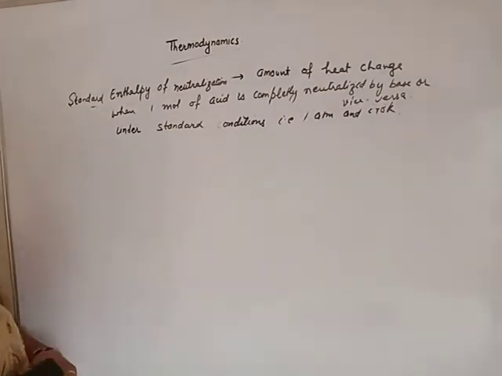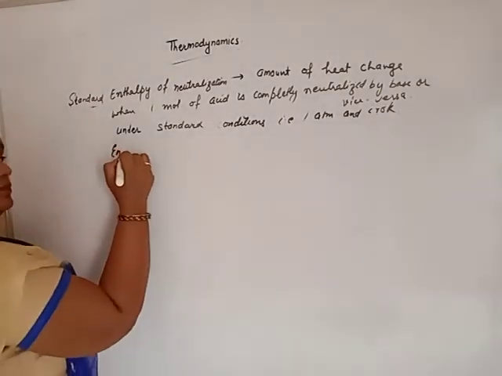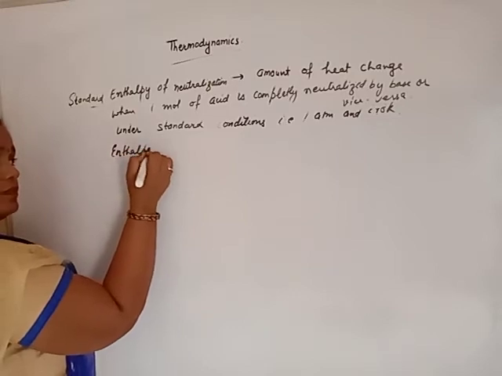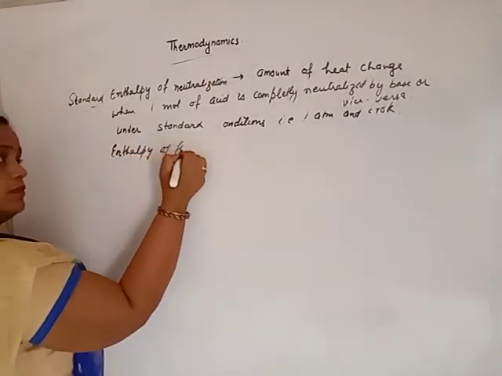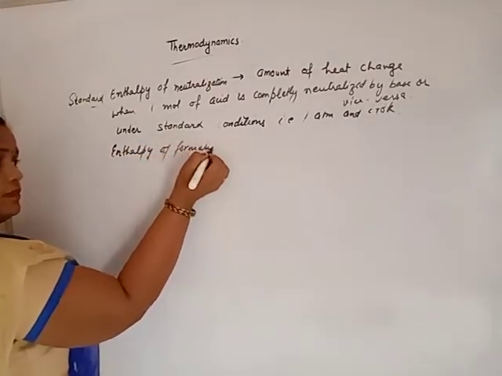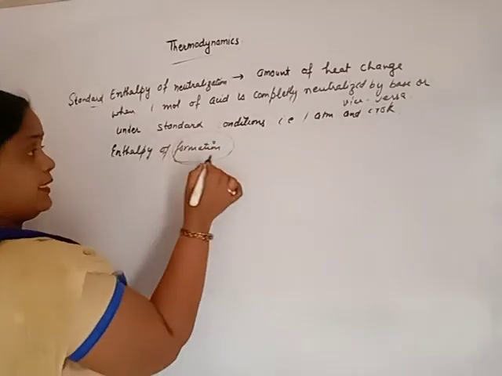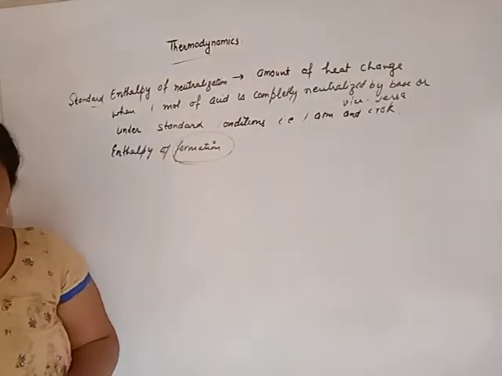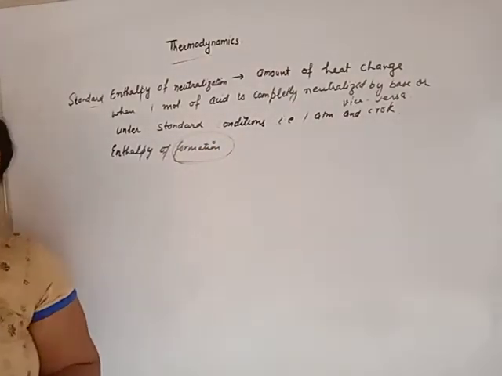Next, enthalpy of formation. Beta, formation means 1 mole of product formed, the substance formed after a chemical reaction.